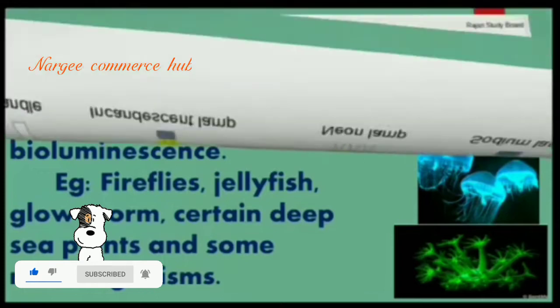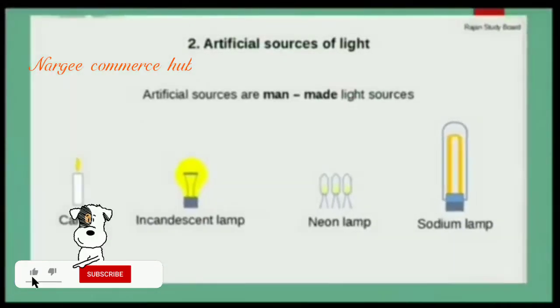Next, let us see about artificial sources of light. Apart from the natural sources of light, light can also be produced artificially. Artificial sources are man-made light sources.